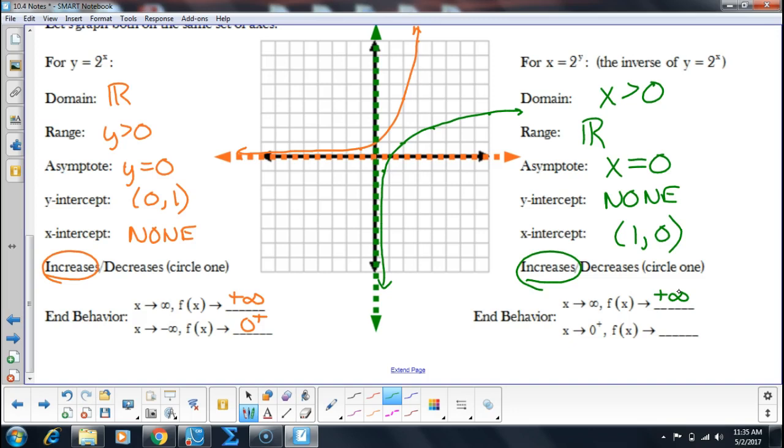Well, now I'm going to 0 from the right, and my function is going to negative infinity. These two right here got flip-flopped. It was harder to see up here, but these two also did get flip-flopped. They just happen to both be positive infinity.